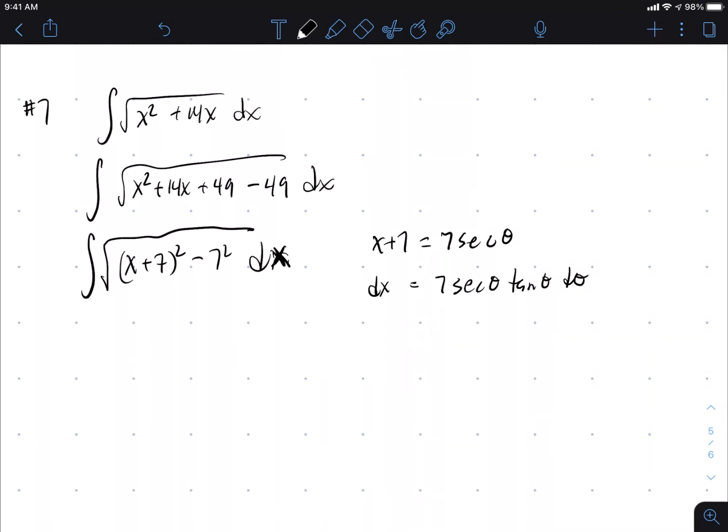Okay. All right, so now I'm going to do this substitution. I'll go 7 secant theta plus, oops, I'm messing up here, squared minus 7 squared, rooted, times 7 secant theta tangent theta d theta.